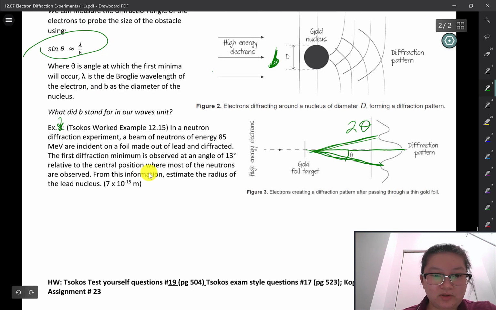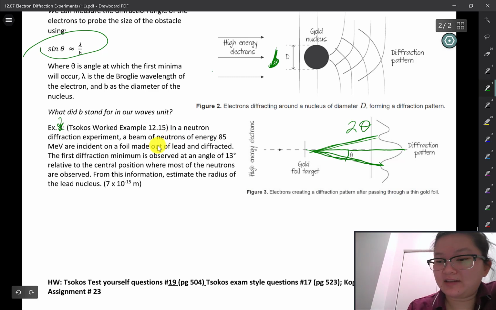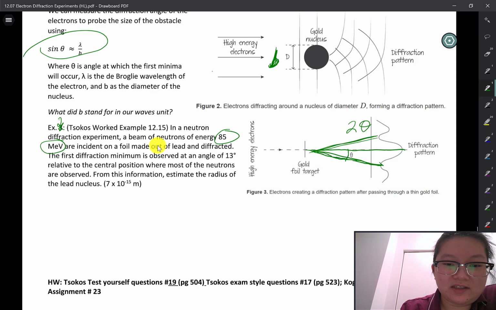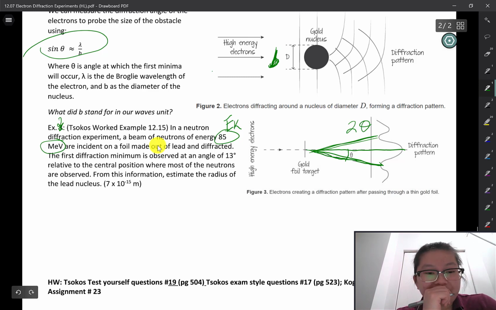In this example, in a neutron diffraction experiment, a beam of neutrons, not electrons, of energy 85 mega electron volts are incident on a foil made of lead and diffracted. So this tells us the energy of these neutrons, which is the kinetic energy here.